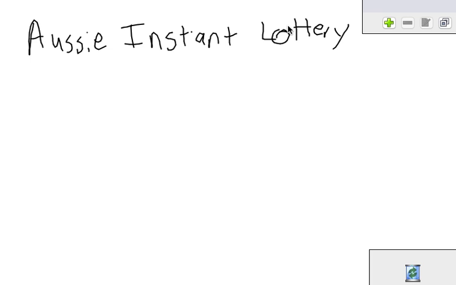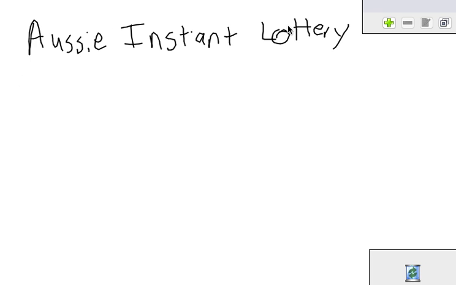So the first thing we want to do is ask ourselves, is this a binomial probability or something else? And the main thing that gives it away that it is binomial is the fact that there is a finite or a set number of trials, which is 100.